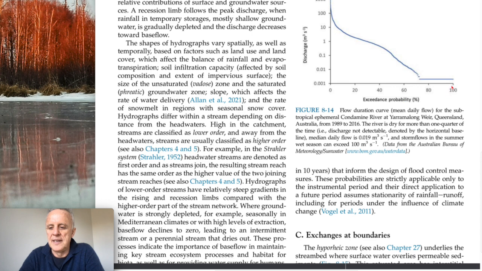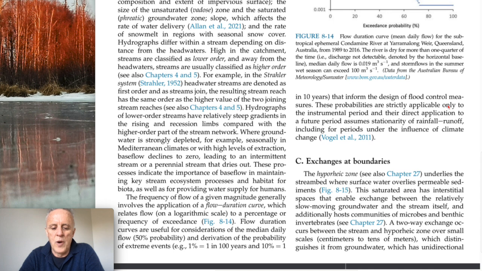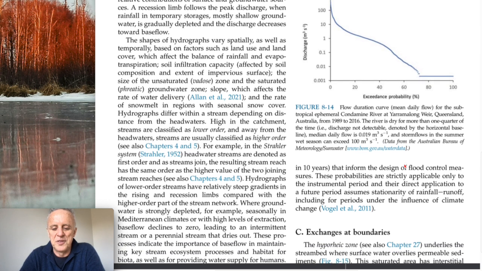And then we have 1% in 100 years. So 1% would put us right here. So 1% in 100 years of having about 70 meters cubed per second. So that's pretty rare. And then this is the base flow that happens between 75% and 100%, of course.